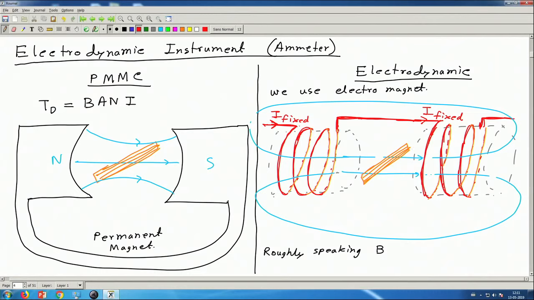So, therefore, we call these the fixed coils, and this is called the moving coil. This is also the moving coil. Now, roughly speaking, this flux density B will be proportional to I_F, or in short, for ease of writing, let me just write I_F, F for fixed.